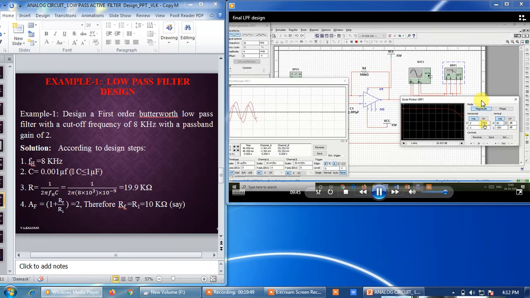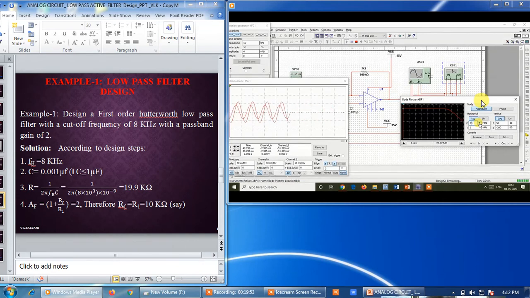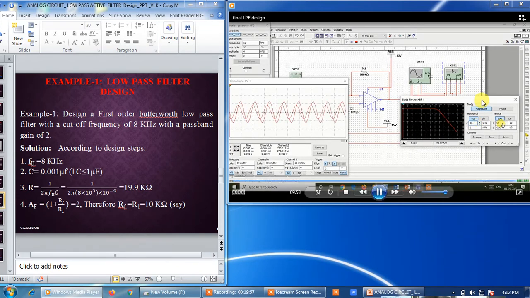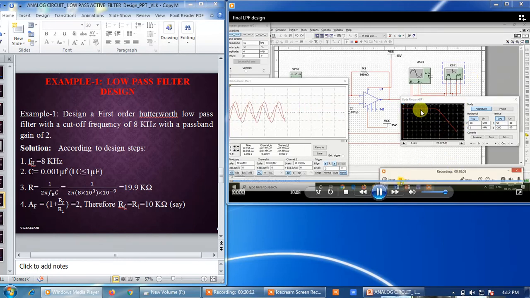So as you can see here, by using the Bode plotter, you can also find out the frequency response curve of the low pass filter. So after changing these magnitudes and frequency ranges, and adjusting these parameters, you can find out the frequency response curve like this.